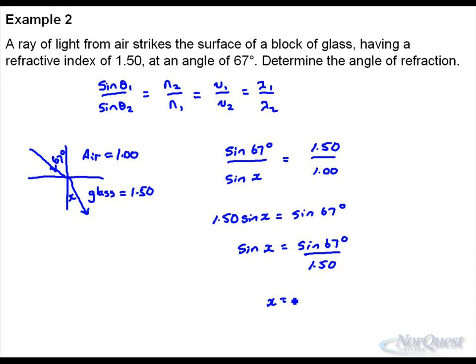And if you take out your calculator, how you find that angle x, you will go second function. Make sure your calculator's in degree mode. So press your mode and change your calculator to degree mode, whatever type of calculator you're using. Then punch in sine 67 degrees. Divide it by 1.5.